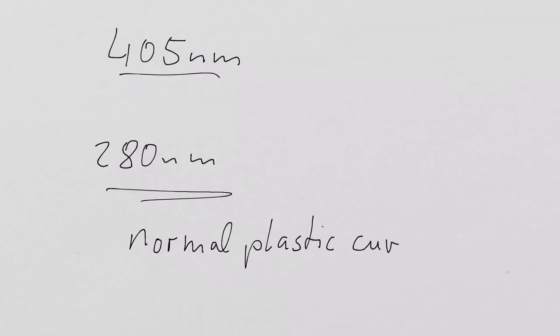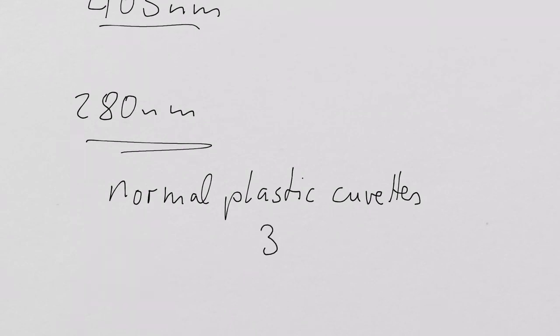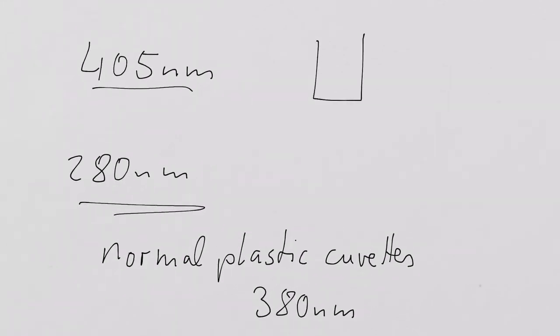Very simple. Normal plastic cuvettes absorb light below 380 nanometers. That means at 405 nanometers the light goes perfectly through, if there's nothing in it that absorbs it.